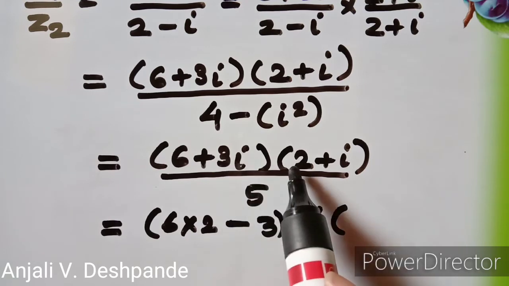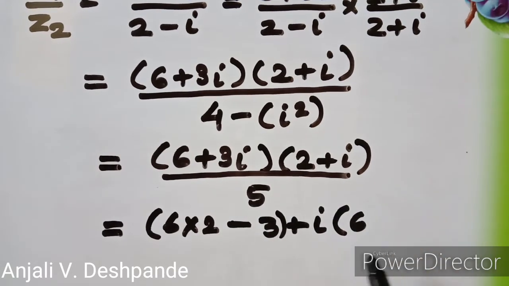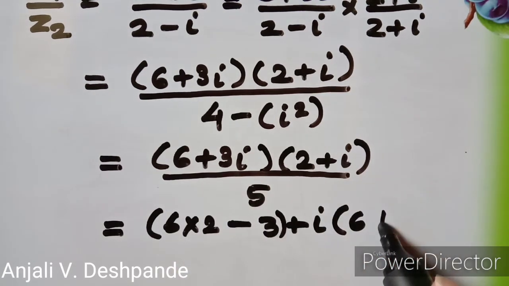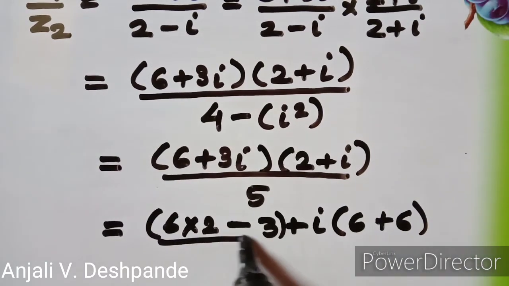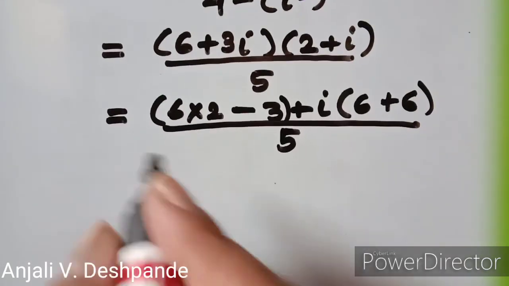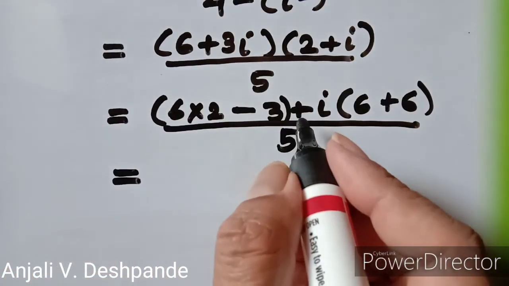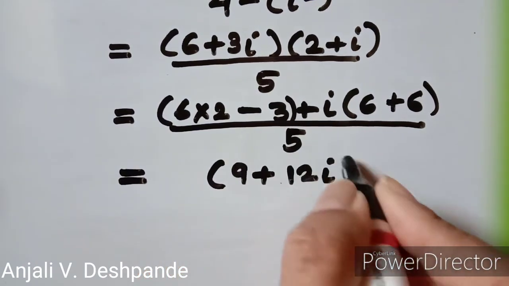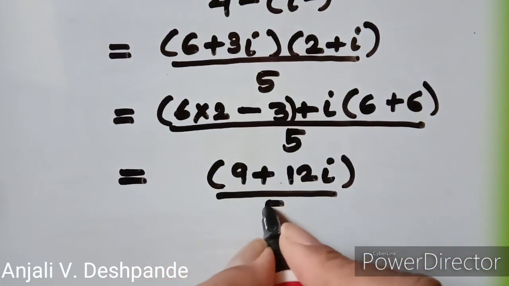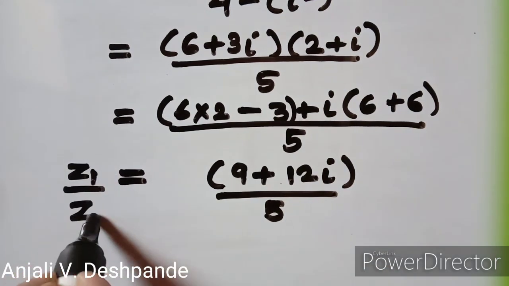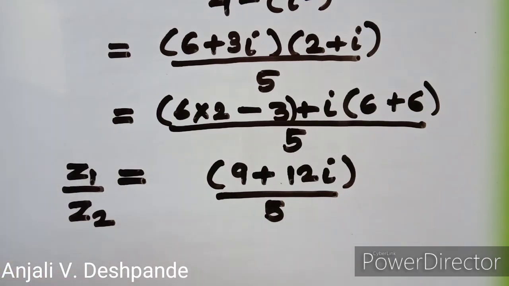So 3 into 2 is 6, plus again 6 into i, that is also 6. So 6 plus 6. So now that will give us 12 minus 3, that is 9. So 9 plus 12i divided by 5, and that is the value of z1 divided by z2 for the given example.